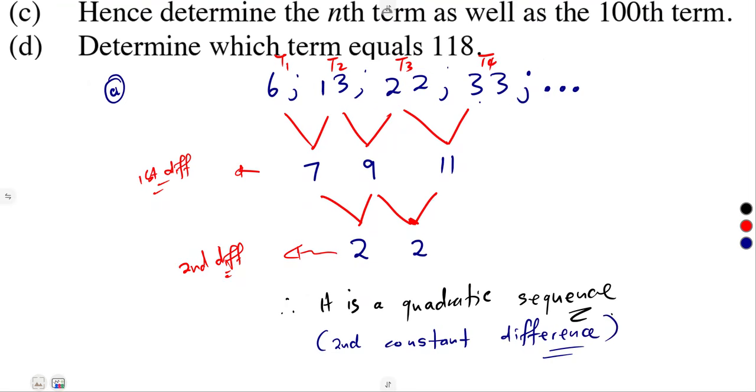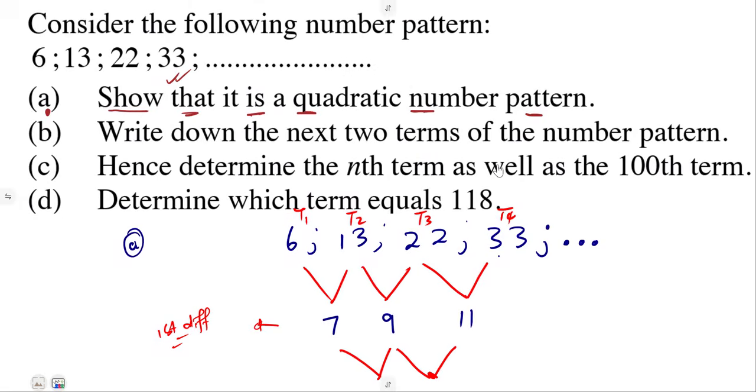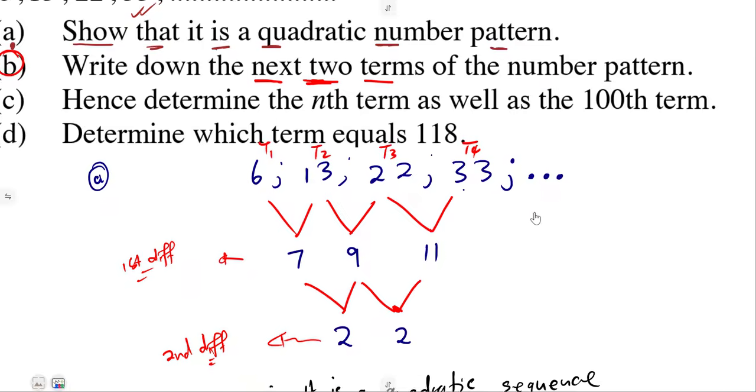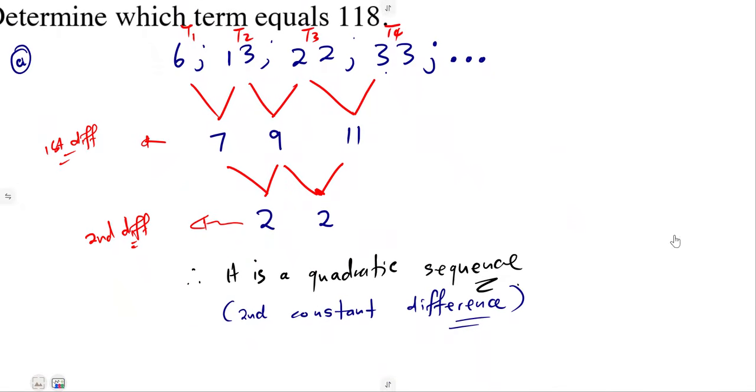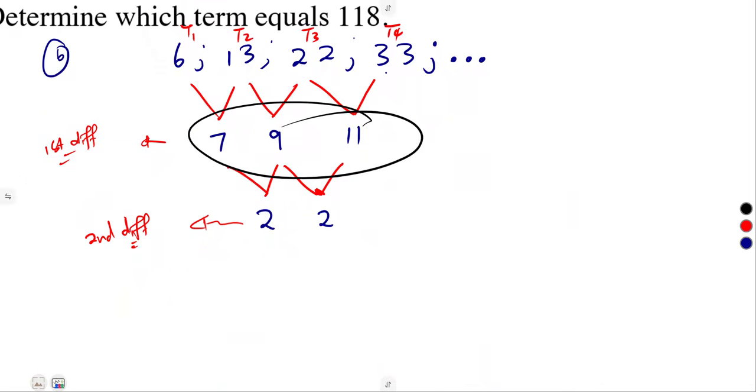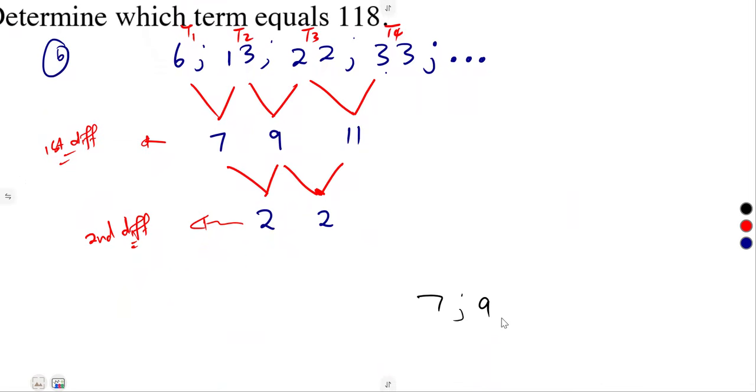All right. So moving on to the other part, as we managed to prove this, they want us to write down the next two terms of the number pattern. Just like any other sequence we had before, consider when we're working with a linear pattern, maybe 7, 9, 11.